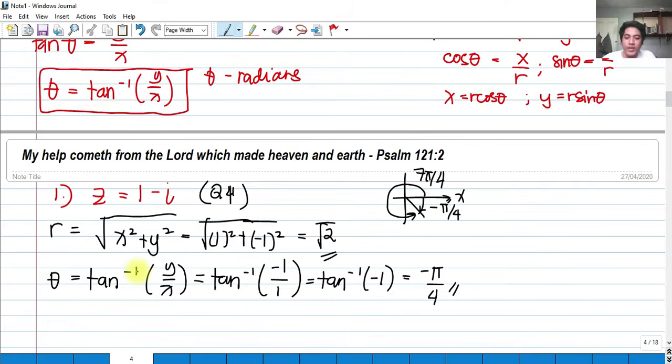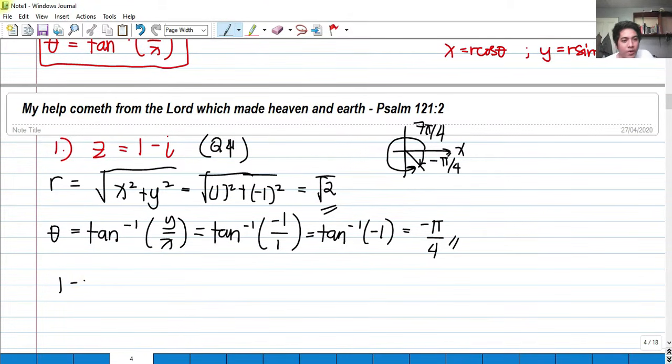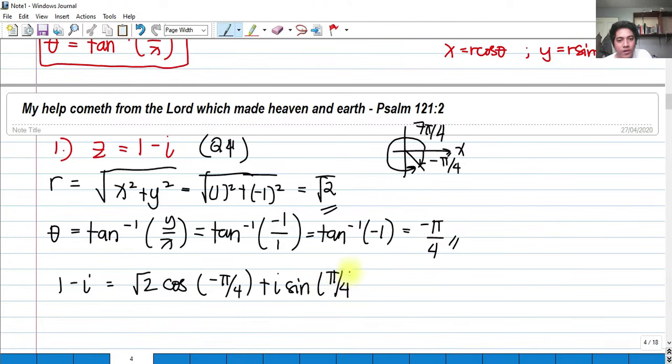If we are going to express this rectangular complex number in polar form, it should be r times cosine of negative pi over 4 plus i sine of negative pi over 4. I forgot the square root of 2 here, let me just rewrite this.